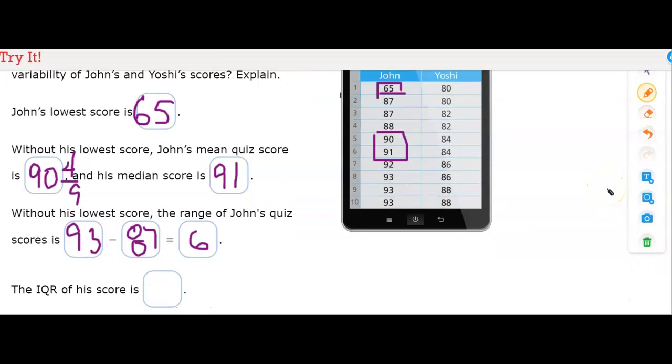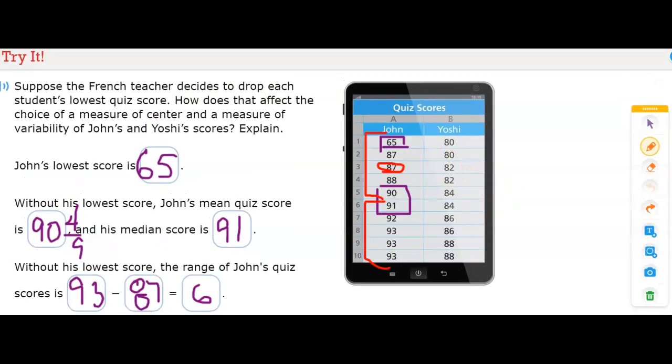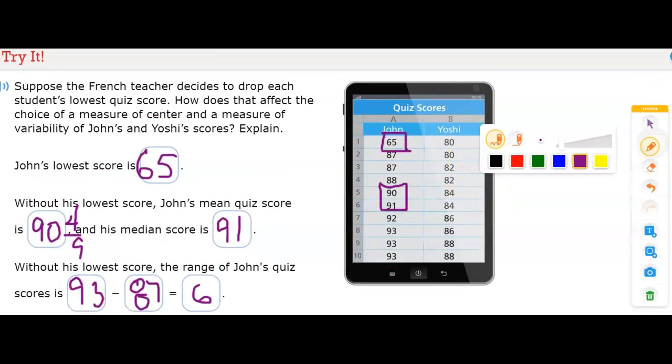So his IQR of his scores, so we are going to find the median of the upper and lower quartile. So now, instead of having 10 grades, he has 9 grades. So now his median actually changes, right?